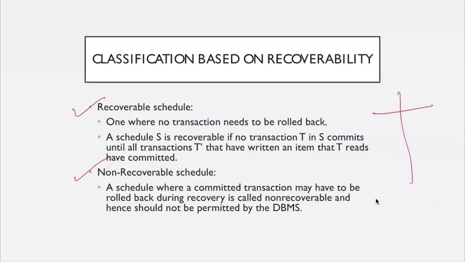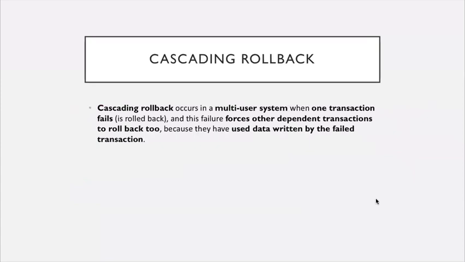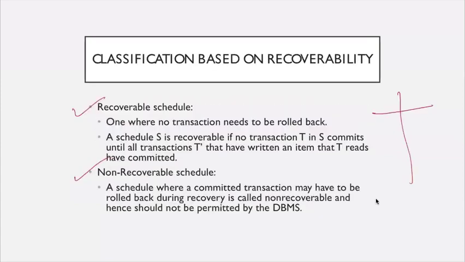Here is an example with T1 and T2. T1 does read X, write X, and then commit. Now T2 is also going to do a read X, and some more.